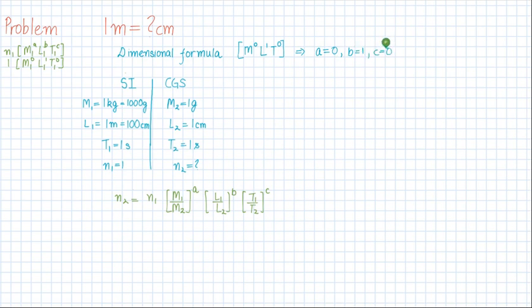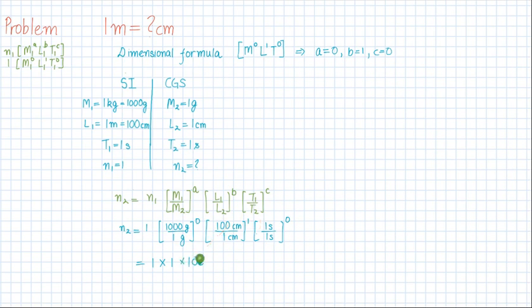Fine. Now what you do? You substitute these values here. Similarly, substitute these values here. This 1 to the power 0 will be simply 1. So write down 1 times 1. Similarly, centimeter and centimeter cancel, you can ignore. What you have is 100 divided by 1 to the power 1, so you can write multiplied with 100.